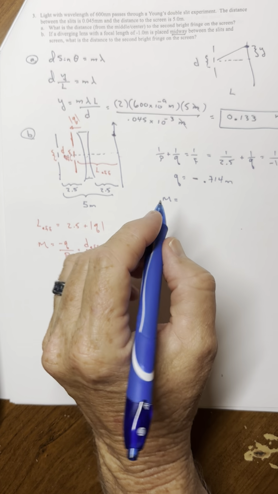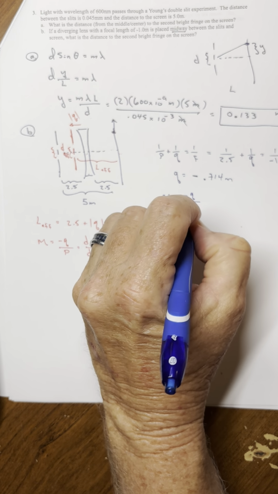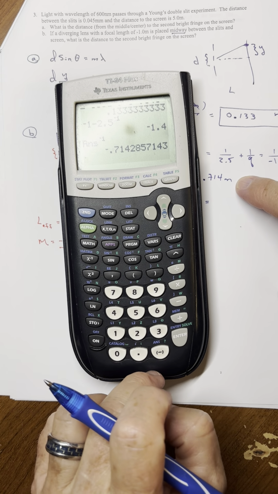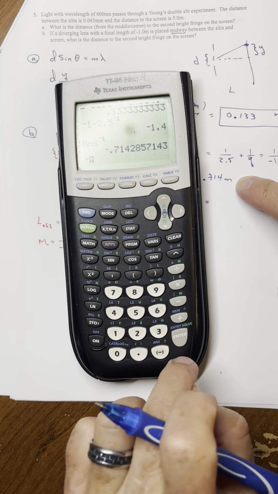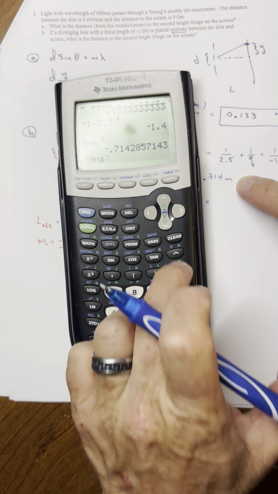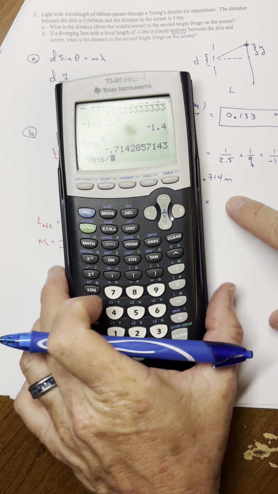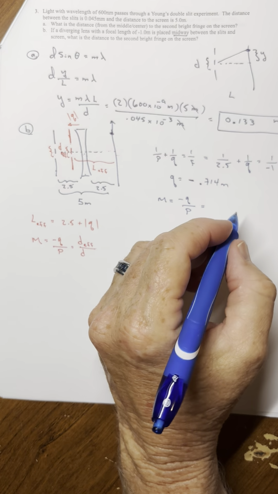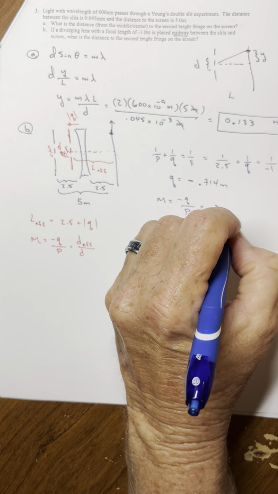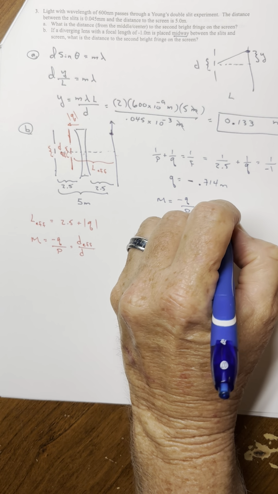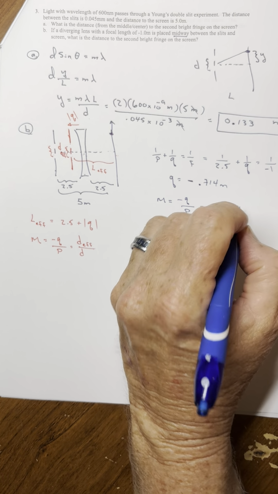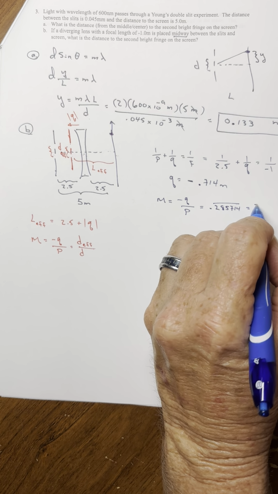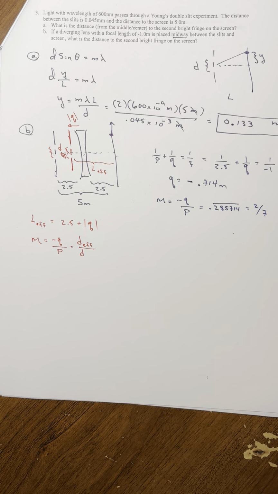Okay, so this minus Q over P then would be I guess a negative of my last answer. So there's negative of Q divided by my P, which gives me a magnification of about 2.857. Oh, that's that famous sequential that continues. That must be 2/7. All right.